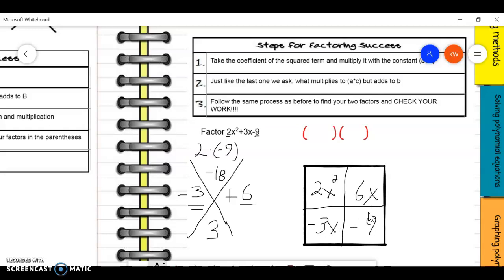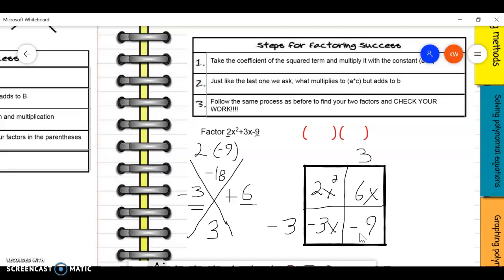All right, so looking at the GCFs for these, let's go through and get them. -3 and 9, their GCF happens to be a -3. That's because both of these have a negative in common, and both of these are divisible by 3. So that makes it -3. Now, over here, 6 and -9 have a GCF of +3.